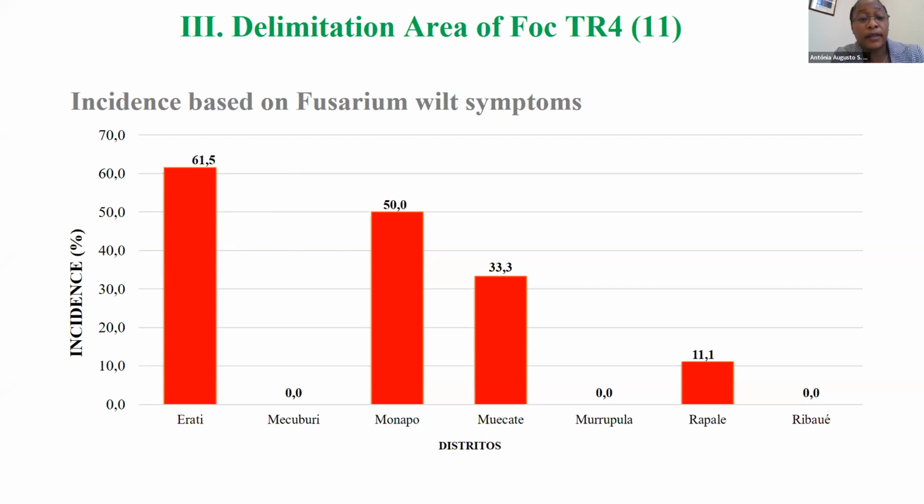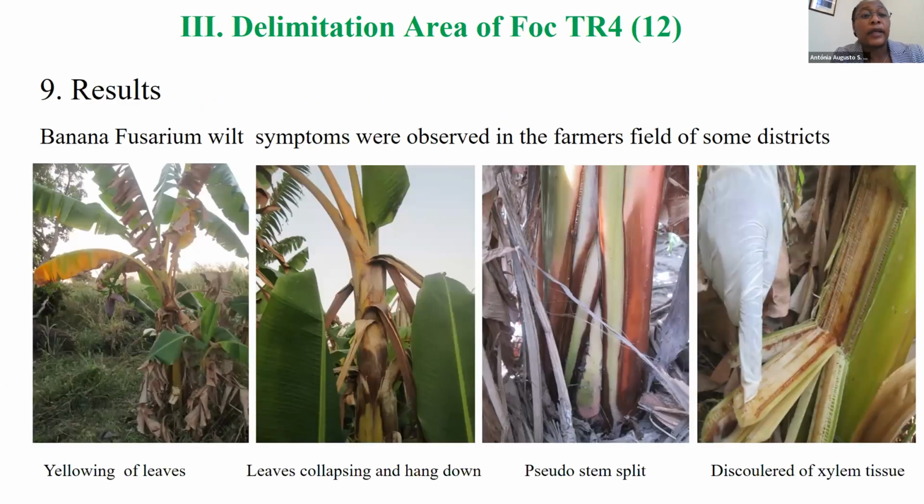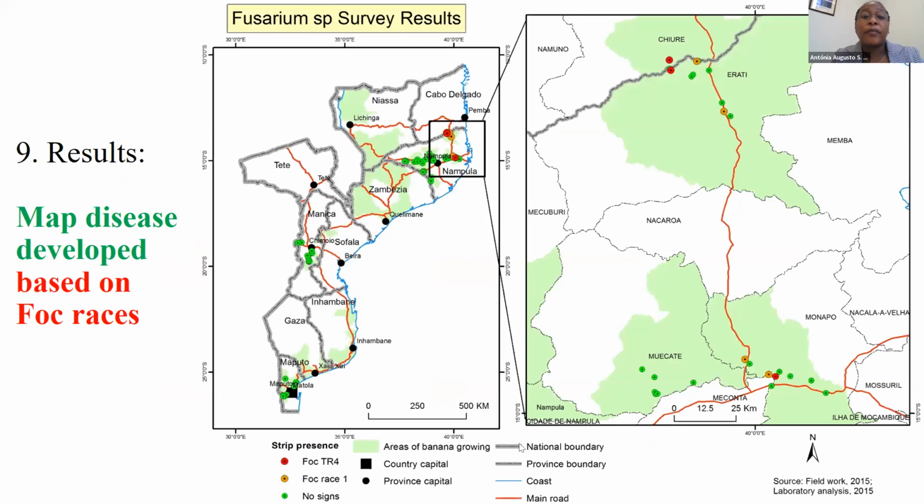Some other districts like Mecuburi, Murrupula, and Ribaue are not affected by the disease. The map is showing the infected area in Nampula province and the vicinity. Cabo Delgado province, Chuiba district, is near Nampula province.